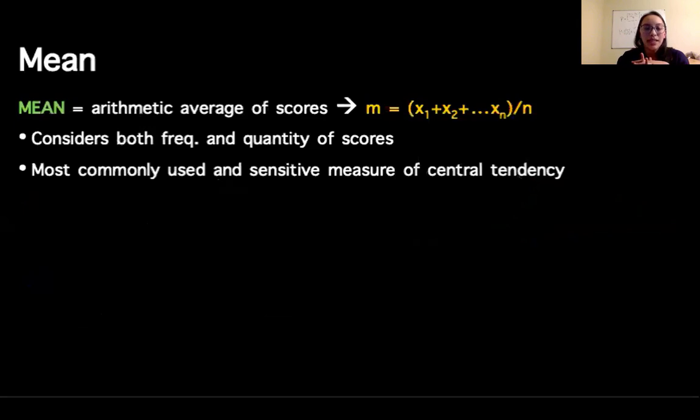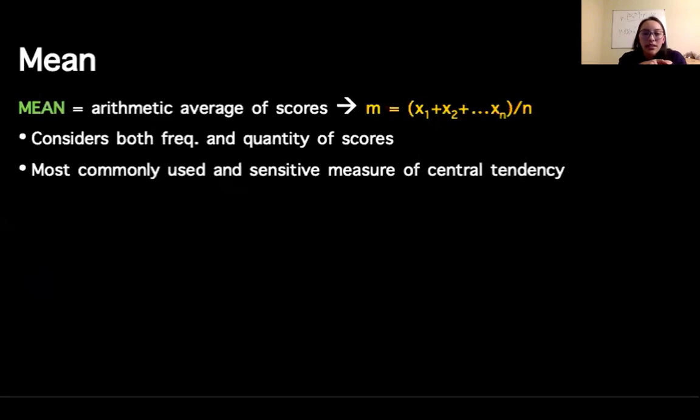All right, so the mean, which is probably the most commonly used measure of central tendency in statistics, is the average, right? So we take the sum of all the scores and then divide by the sample size, or how many scores we collected.